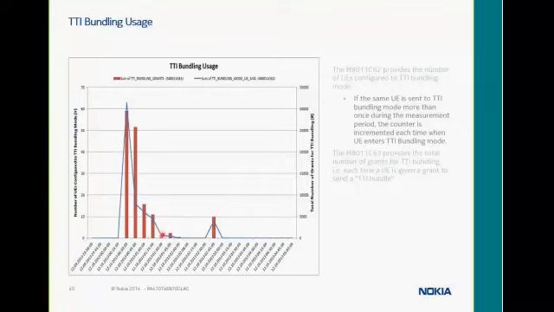So there's this one particular area where we're having TTI bundling. In some ways, this is a good place to focus on to see if we can optimize coverage at a different time, because TTI bundling does consume more resources. It doesn't consume as much as uplink packet segmentation, but it does consume more resources.